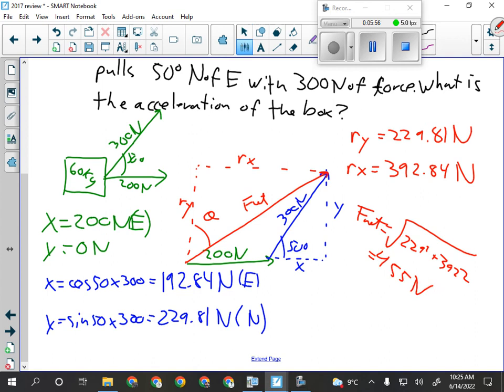Okay, and then I've got to find theta. Theta for me will be the inverse tan of the opposite side. This time I'll actually use 392.84, divided by 229.81. That'll give me my angle.